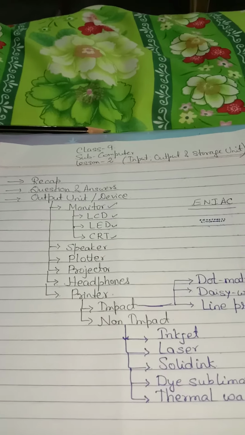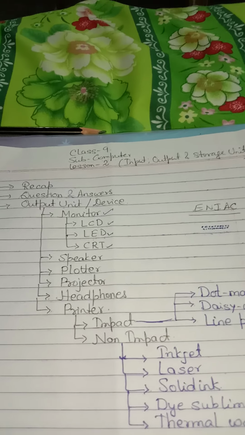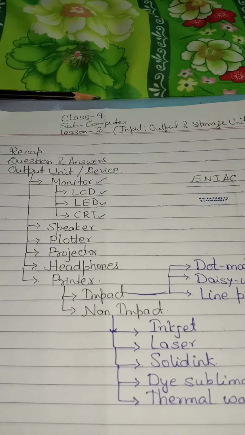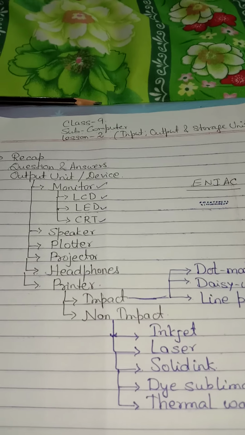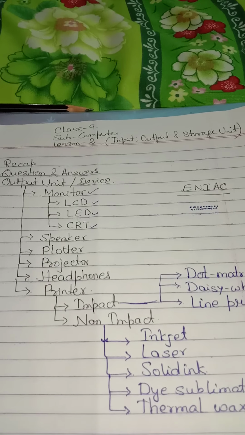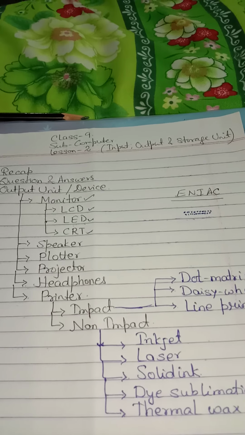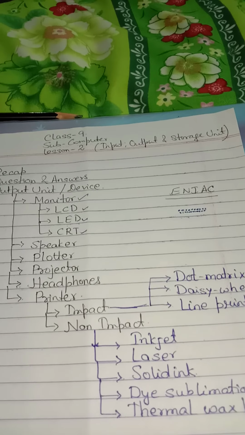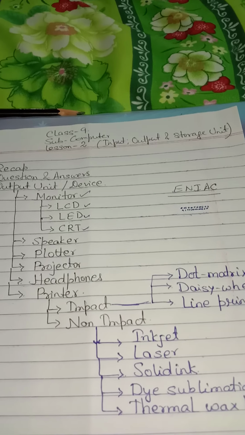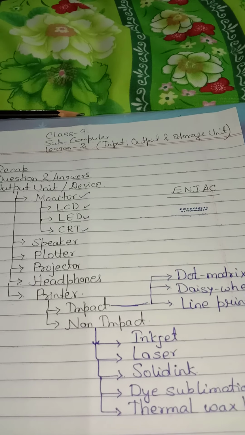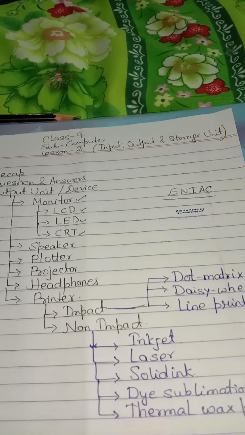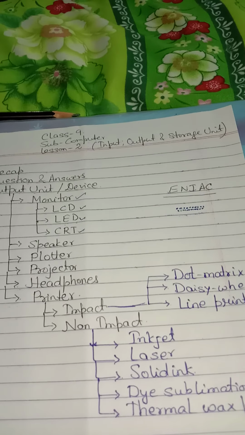Again, one of my students asked me to explain the topic plotter again. Plotter is just like a printer that interprets the command given from a computer to make line drawings on paper with one or more pens.